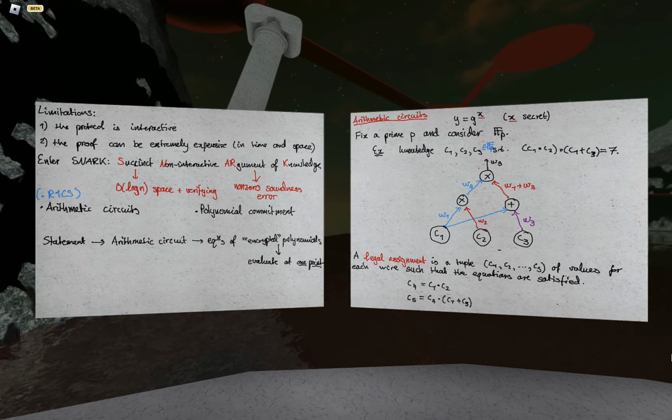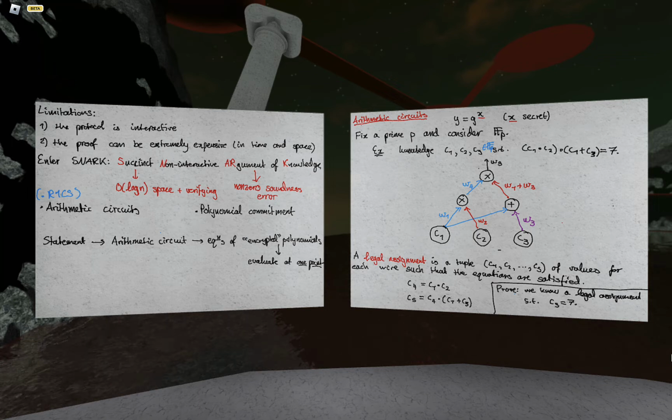And what are we trying to prove in our SNARK? We're going to prove that we know a legal assignment such that C5 is equal to 7.